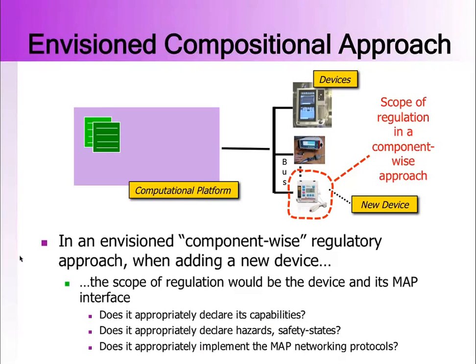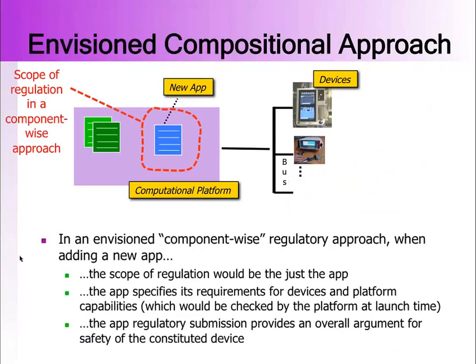So in this case, this relies on the device being able to appropriately declare its capabilities in some way, to declare its hazards and safe states, and you want to be able to do things like check to make sure that it implements the appropriate networking protocols and so forth. On the app side, again, if you add a new app, you don't want to have to certify the entire platform again, or even all possible systems that the app could work with.